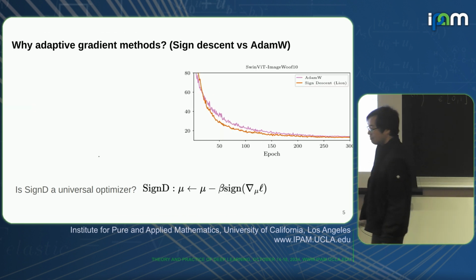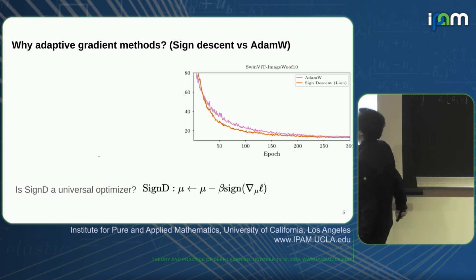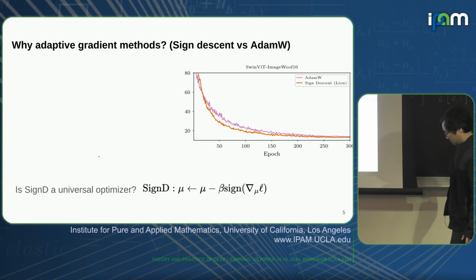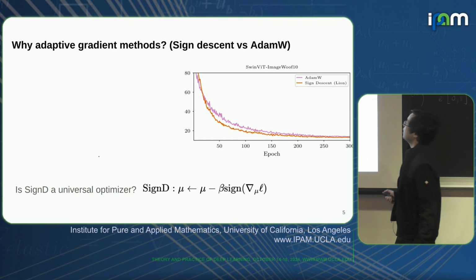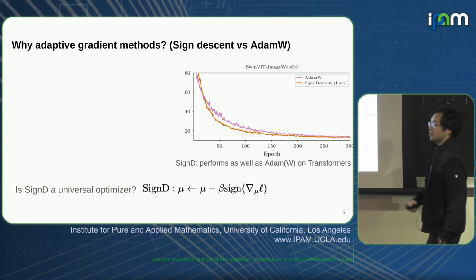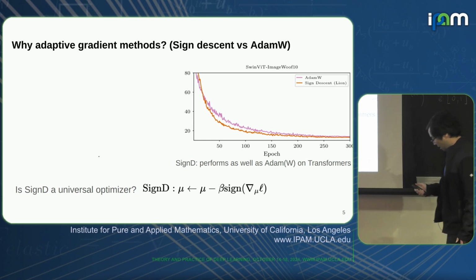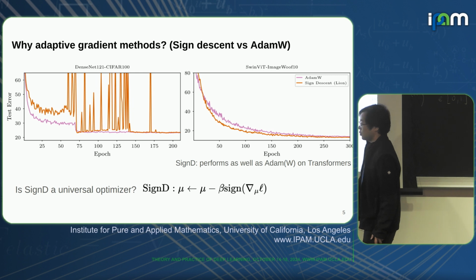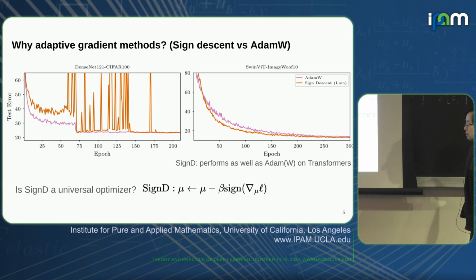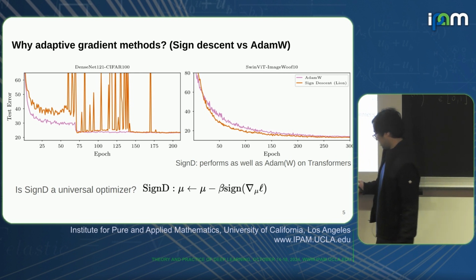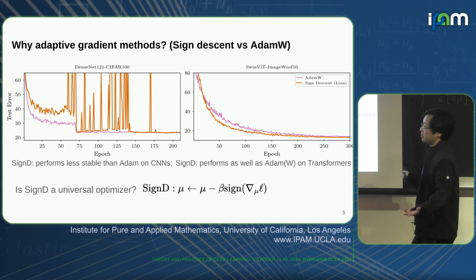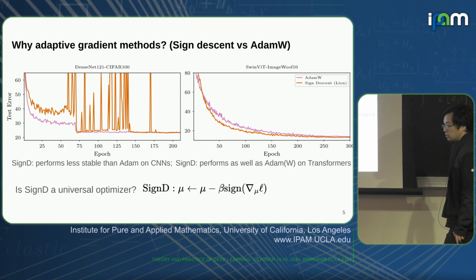So nowadays, people try to understand sign descent, because sign descent performs very well on transformers, and sometimes can even be better than AdamW. But how about in convolutional neural nets? You can see that, in fact, sign descent performs less stably than AdamW on convolutional neural nets.